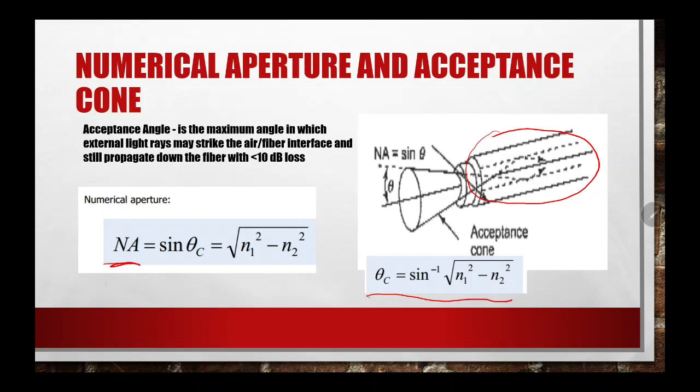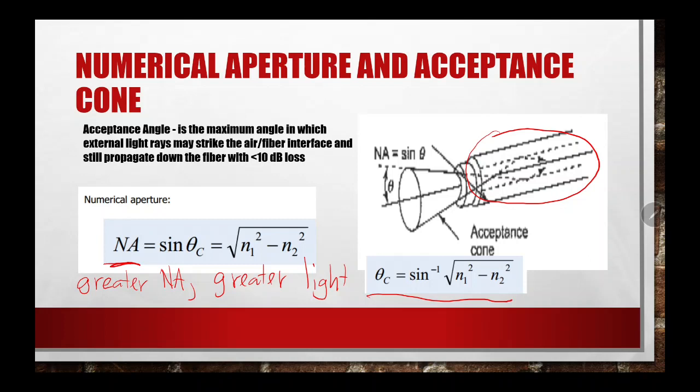So, ibig sabihin, greater yung magnitude, pag mas malaki yung value ng NA, greater NA, it means greater light ang pwedeng i-accept. Kasi kung mas malaki yung NA, ibig sabihin malaki din yung natin acceptance angle, which mas malaki yung light na pwede niyang i-accept, mas malawak.